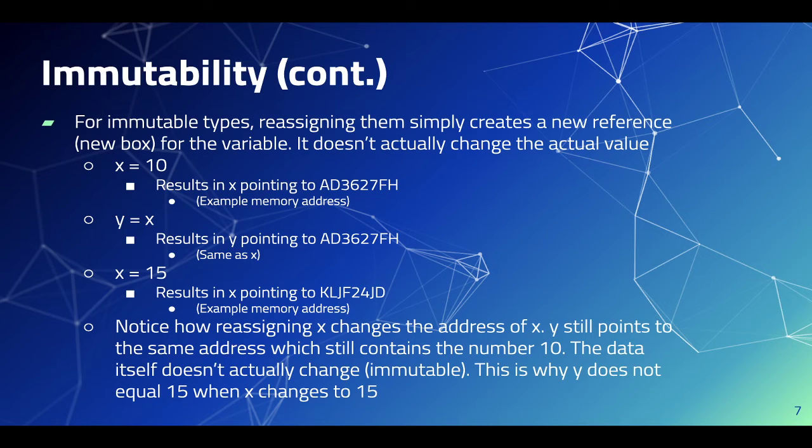So y still contains 10 because it points to AD3627FH, and x now has 15 because it points to KLJF24JD. So notice how reassigning x changes the address of x. It does not change the value located at the address of x. And y still points to the same address, which means y is equal to 10 and x is equal to 15.